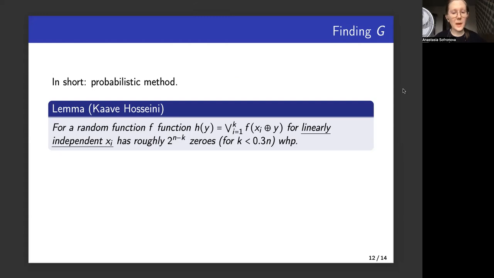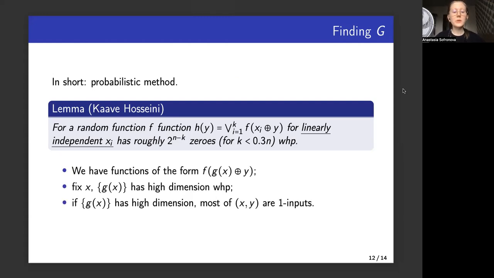Now, when we have this lemma, we do the following. Let us fix some X, and then we say that the set of outputs for different g's has high dimension with high probability. And if this set has high dimension, then we can apply this lemma, and most of the Y's that can go with this X produce 1 inputs.